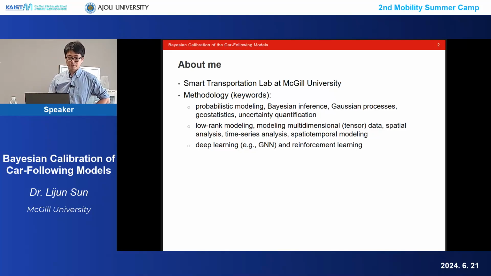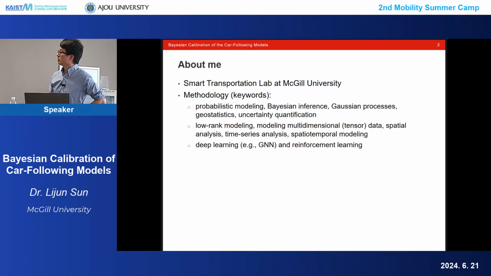In the lab, we mainly do two types of research. One type is on the methodological side, where we do a lot of statistical modeling. As you can see from the talk presented by Sanjin today, we do a lot of research on data analytics and spatial-temporal data modeling, much of it about how to develop efficient and effective statistical models or deep learning models to capture the complex correlation structure inside the data.